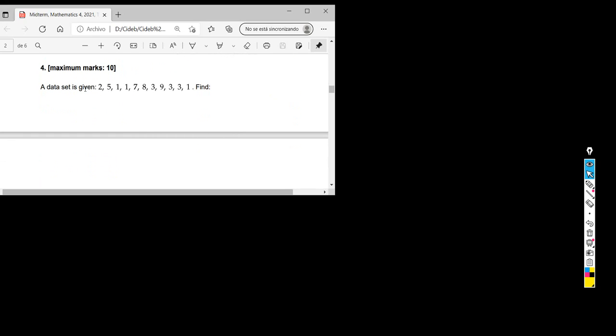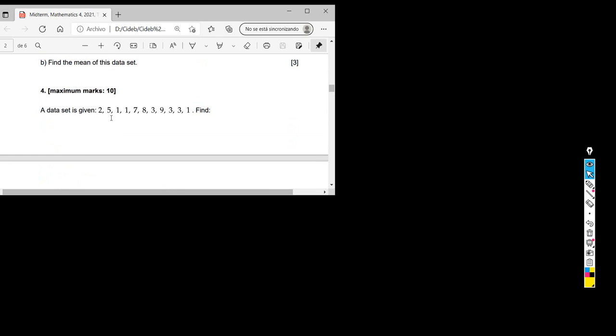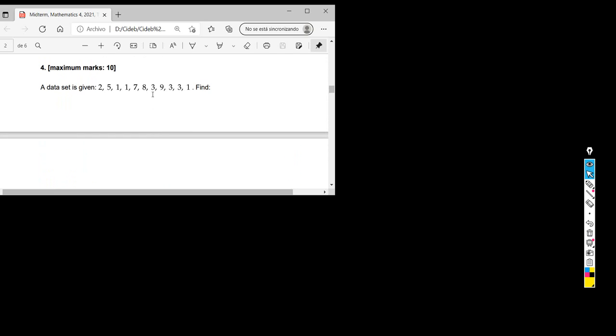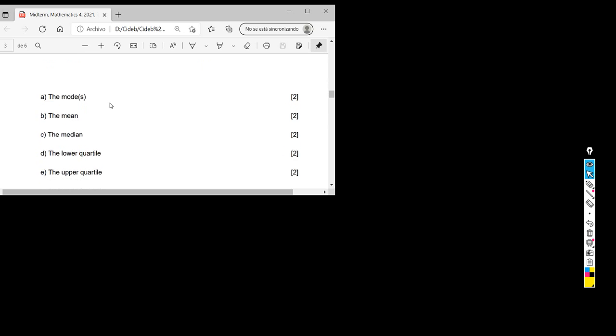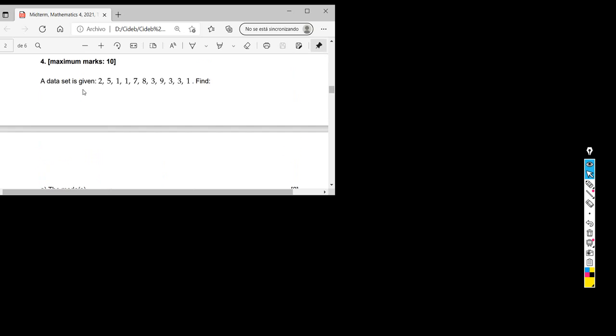Number 4, I give you a data set with these many numbers. Find all these things. Once again, this is extremely simple, guys. These are 10 points which are a gift. The mode, just count.